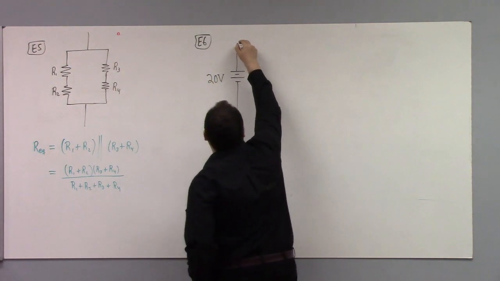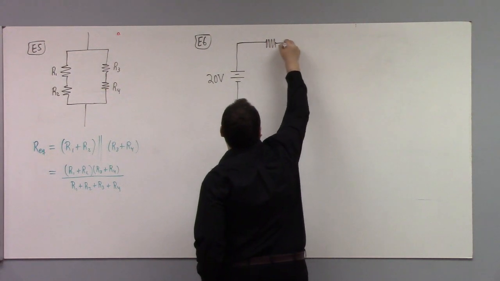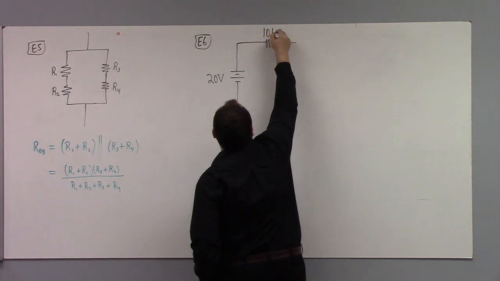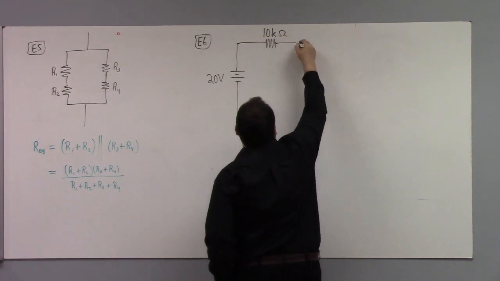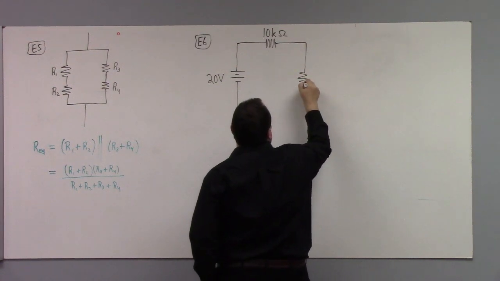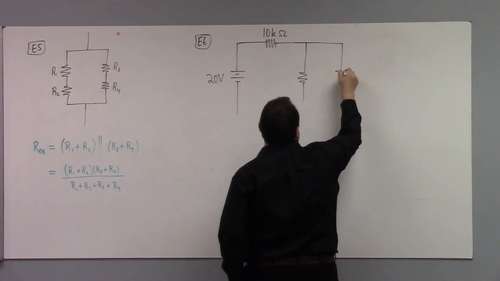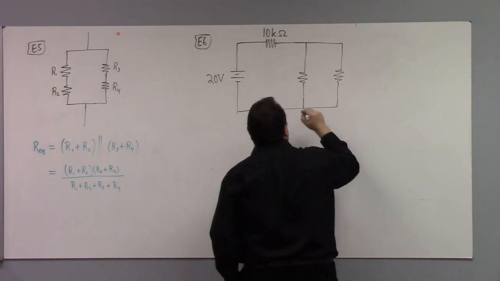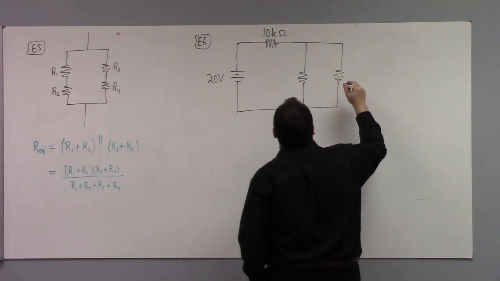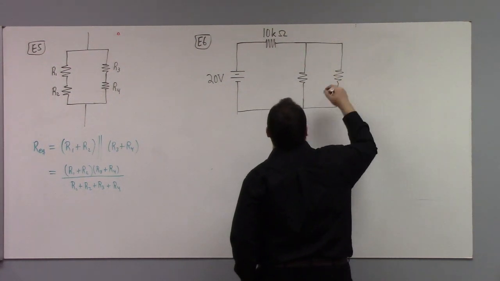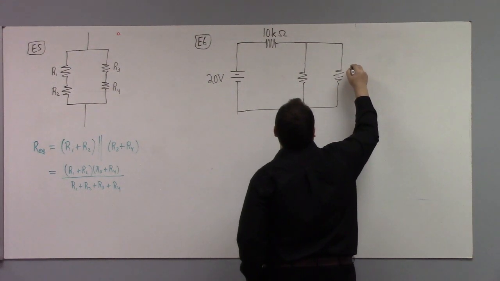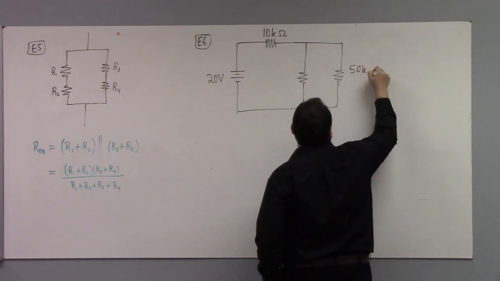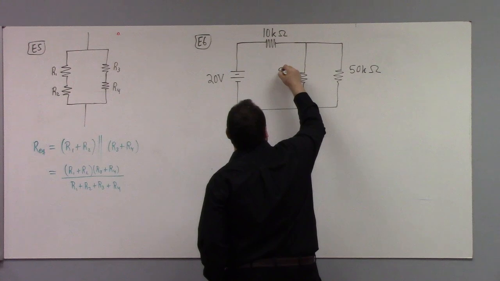So 20 volts, and suppose I've got a 10 kilo ohm resistor here. And then I'll put a parallel combination over here. What do you guys think I should put over here? Okay, 50 kilo ohms, and I'll put another 50 kilo ohms right here.